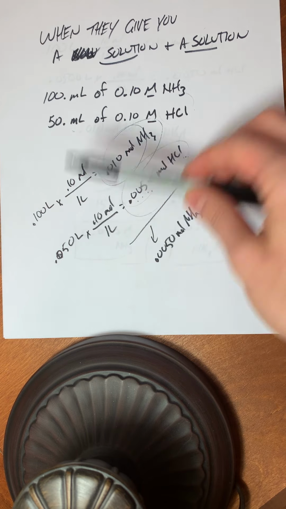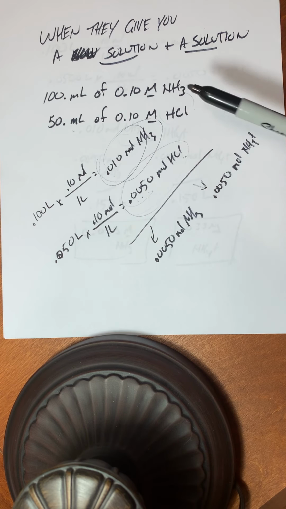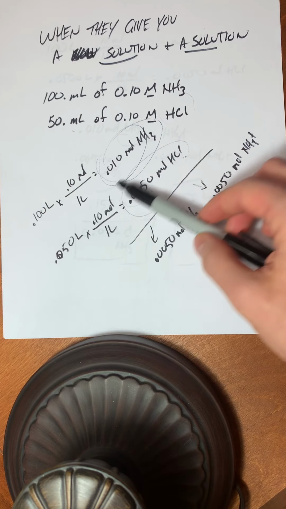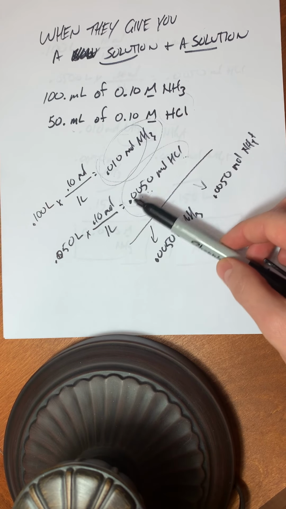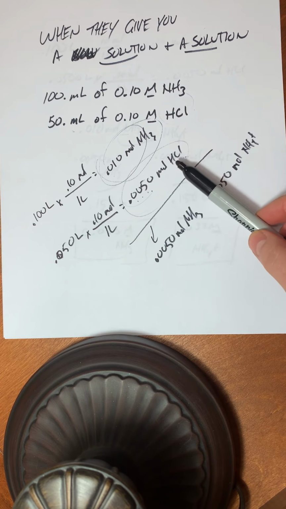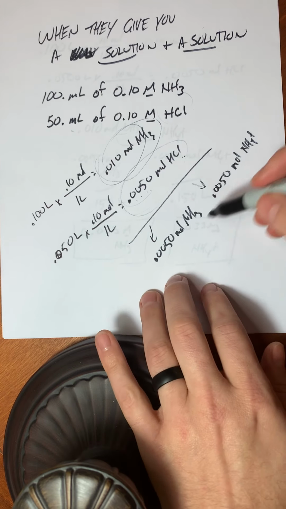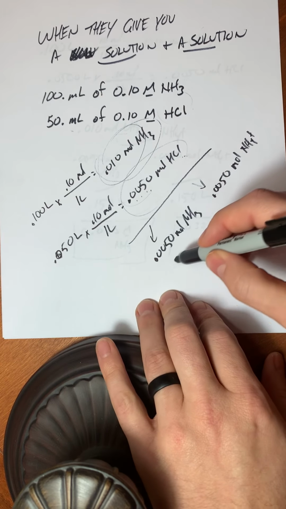The numbers might be slightly different. But I have 0.010 moles of ammonia. I'm converting 0.005 moles of it using hydrochloric acid, by that H plus being given to the ammonia to make ammonium. So now I have 0.005 moles of ammonia and ammonium as well, but that's moles, not quite good enough.